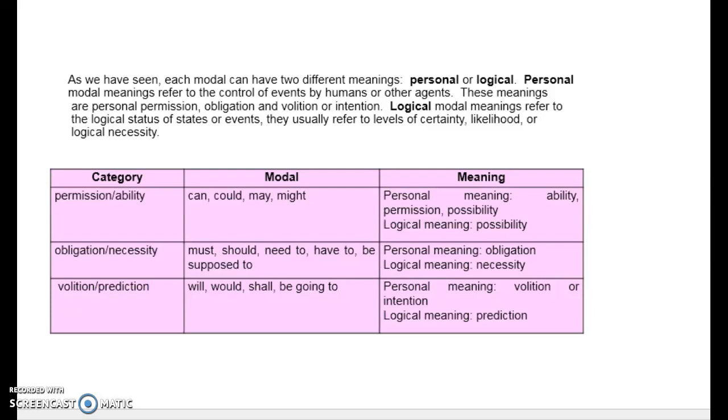The next one is obligation, necessity, and here you have must, should, need to, have to, be supposed to. And then you have volition and prediction. And see that each of these different categories have a personal meaning, which means that it can be controlled by humans or by other agents. The logical ones cannot be controlled. They refer to levels of certainty, likelihood, or logical necessity.